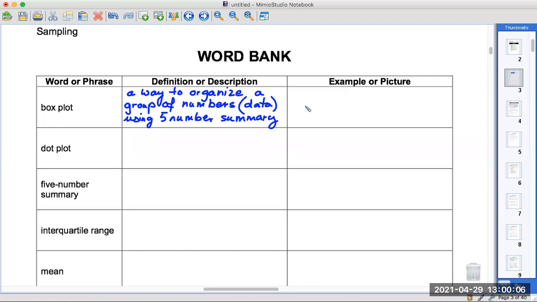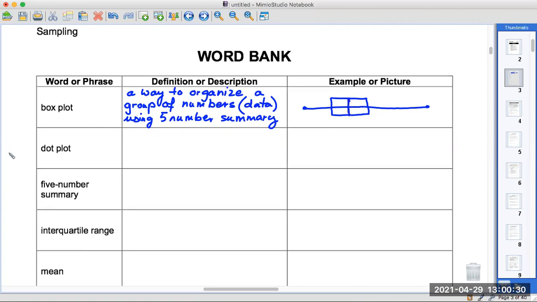And so a picture of a box plot, you might have heard box and whisker plot, because at the end of this line, sometimes it looks like whiskers. And then you have the box, not always in the center. Please don't think this box has to be in the middle. It doesn't. And then it has a line right here.